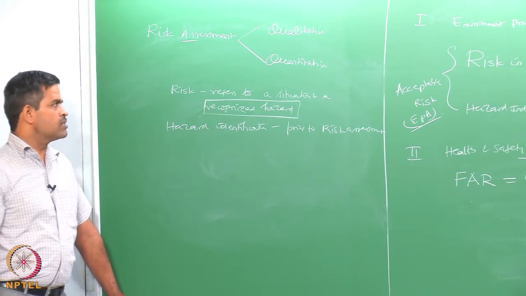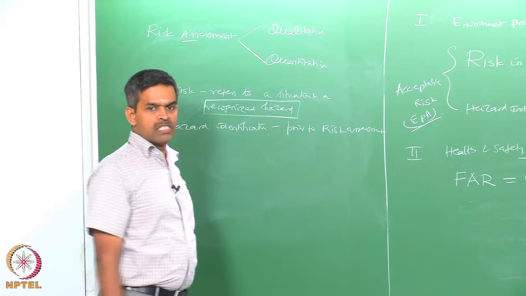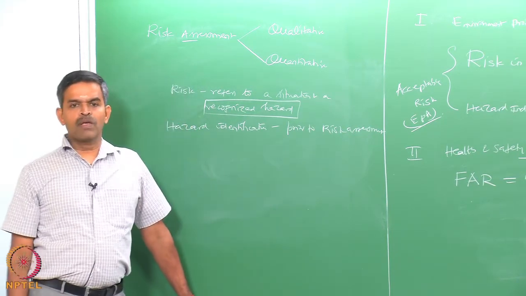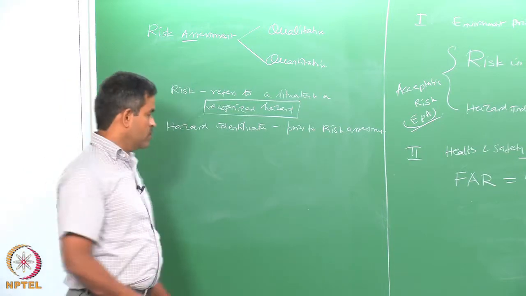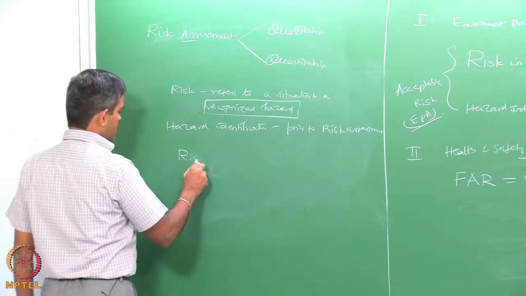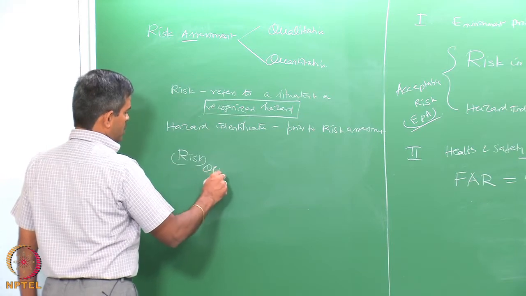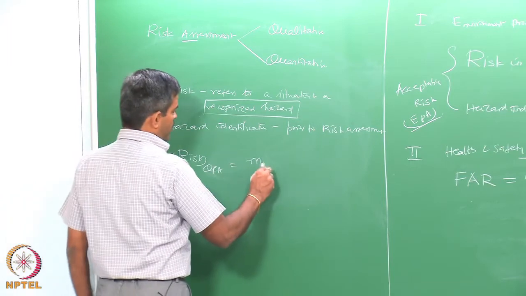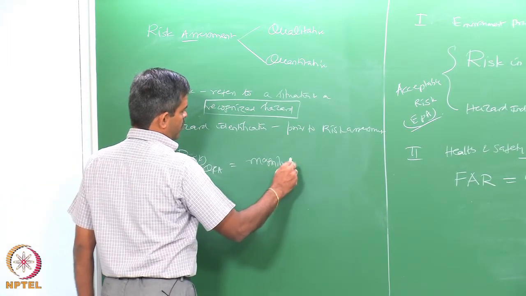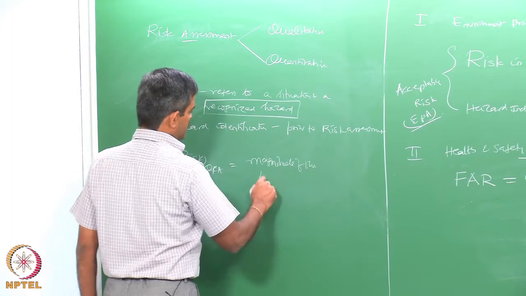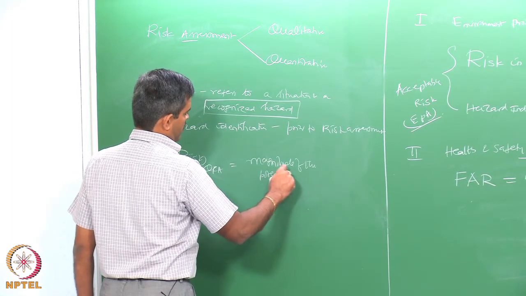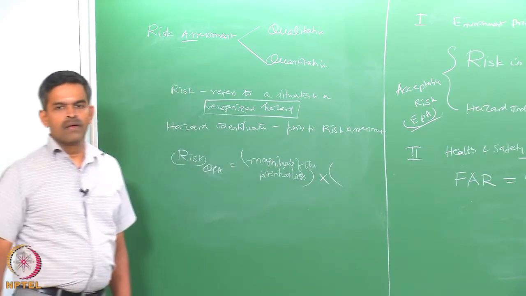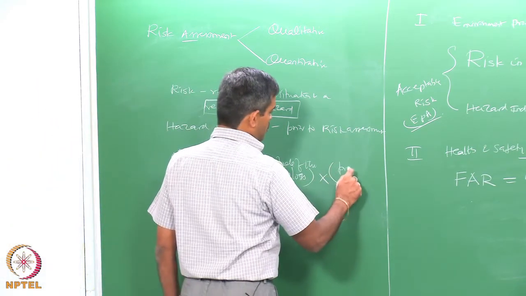Quantitative risk assessment, which is also QRA, involves estimating both the magnitude of the potential loss and the probability of occurrence of that potential loss. So, basically risk in terms of QRA, that is quantitative, is a product of the magnitude of the potential loss multiplied by the probability of occurrence of that potential loss.